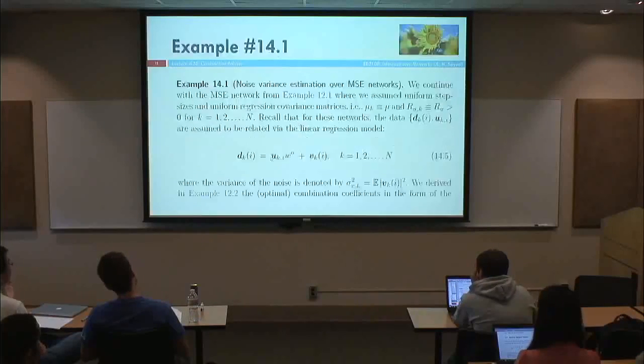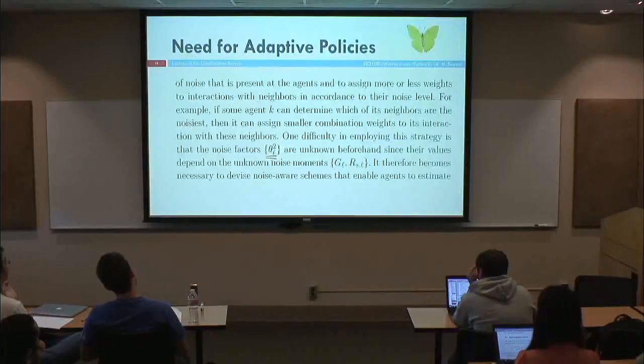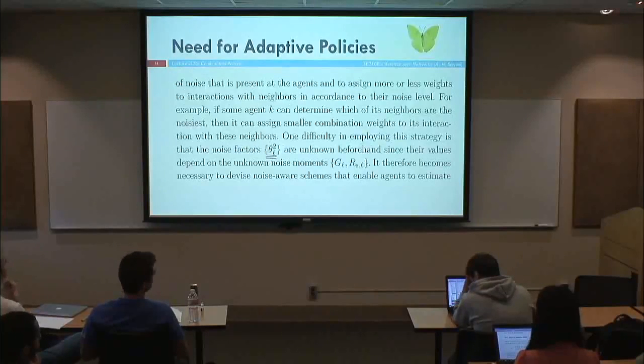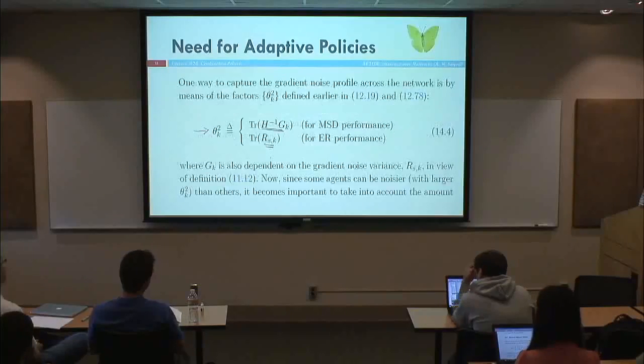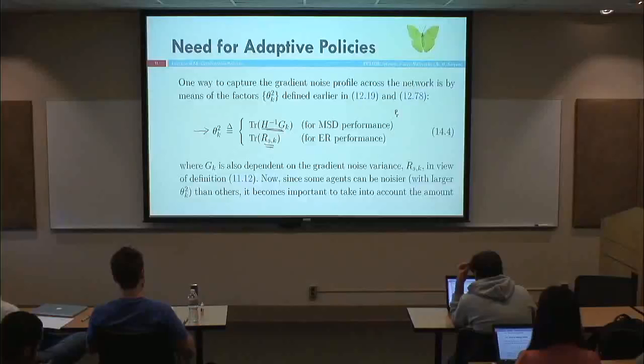Let me see if I have the expression coming up. Well, it's coming up much later, it looks like, okay? But if you remember, I used these thetas to construct optimal Perron entries, right?